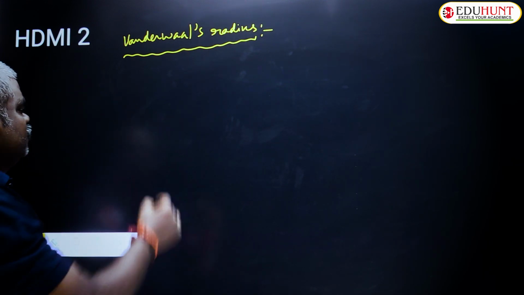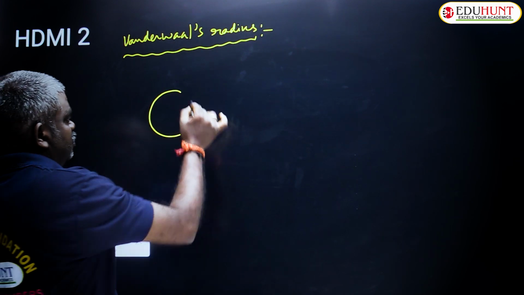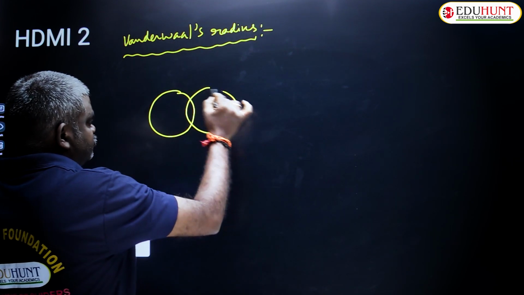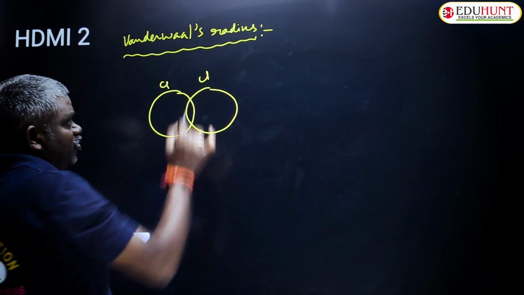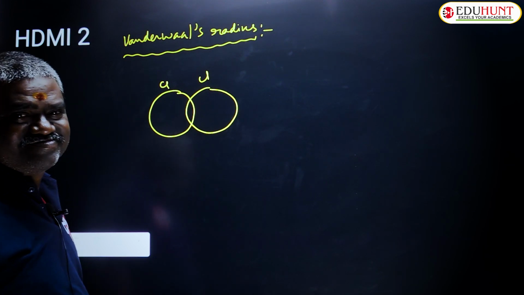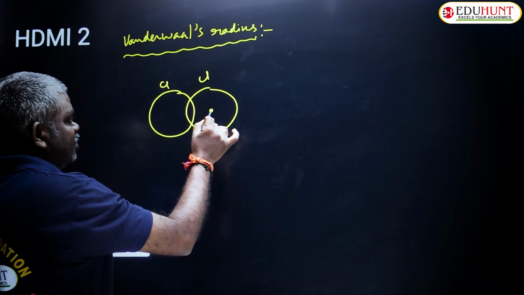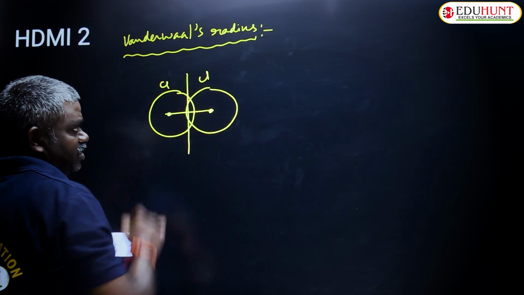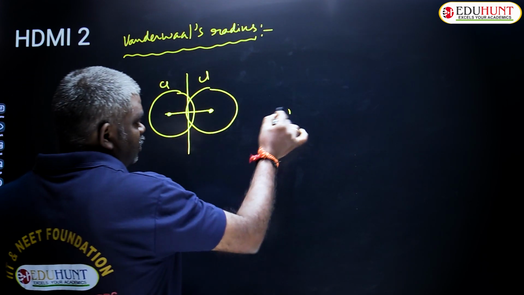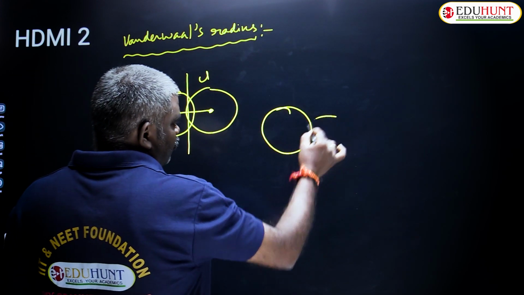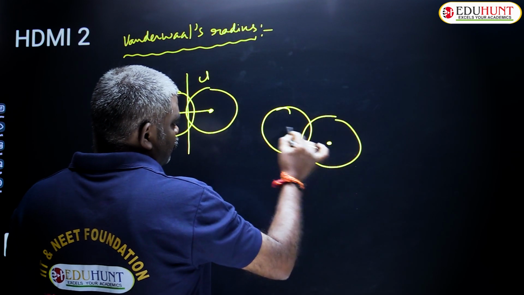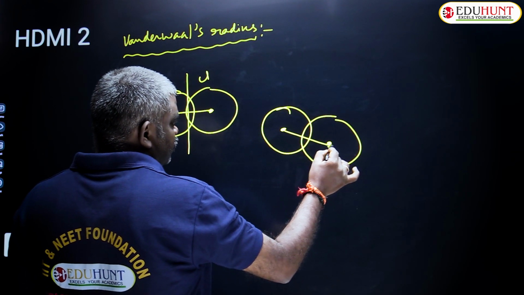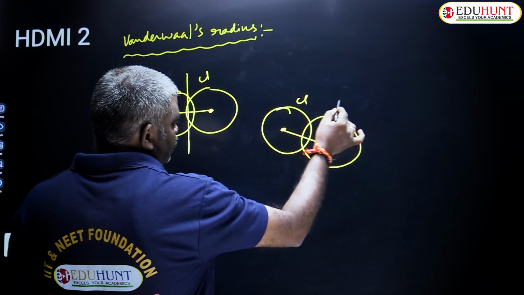For example, take two chlorine atoms. This is chlorine and chlorine, Cl and Cl, a chlorine molecule. And here the centers, so this is known as covalent radius. Write another chlorine molecule, so this is Cl and Cl.